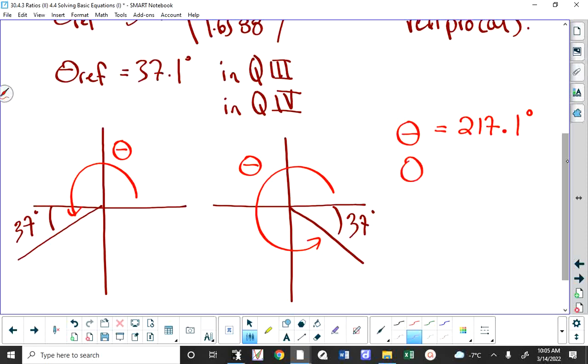In quadrant 4, I'm going to have to take 360 and subtract 37 and get 322.9 degrees. So those are the two angles. Again, and I don't believe I'm going too fast today, but I am going to start picking up the pace a bit here. You find the reference angle, you identify the quadrants, you build pictures that give you theta.